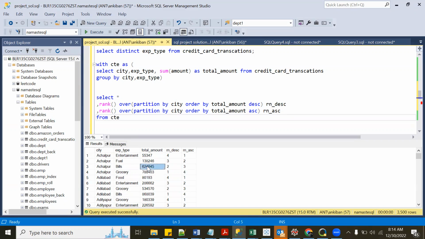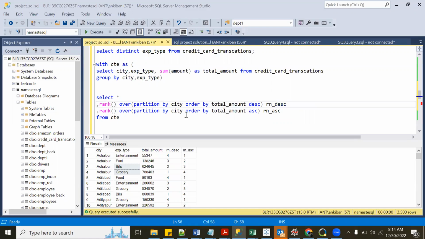Then they will say, okay, if it is the same, consider alphabetically, whatever comes first. Then along with the total amount, you can take expense type also in order by. So in case there is a clash, I will go with the first one as per alphabetical order. Yeah, got it, Ankit. Thank you so much. Okay, great.